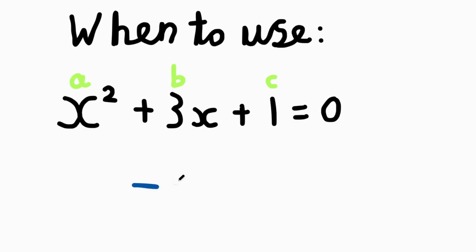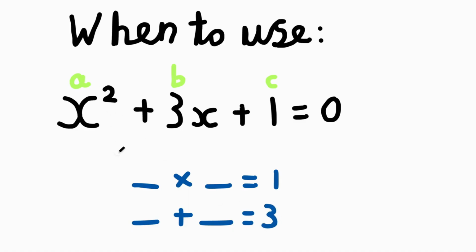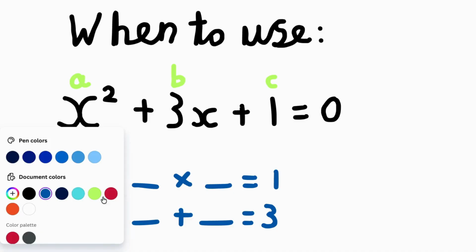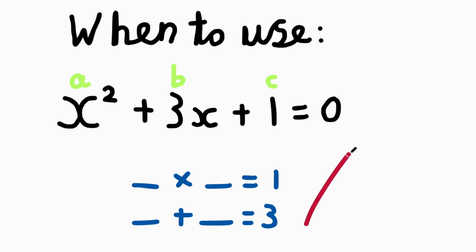So we have two numbers that have to multiply to give us the value of 1, and those two numbers have to add up to give us 3. So it doesn't require much thinking to realize that no two numbers will satisfy these needs. Therefore, this method does not work.